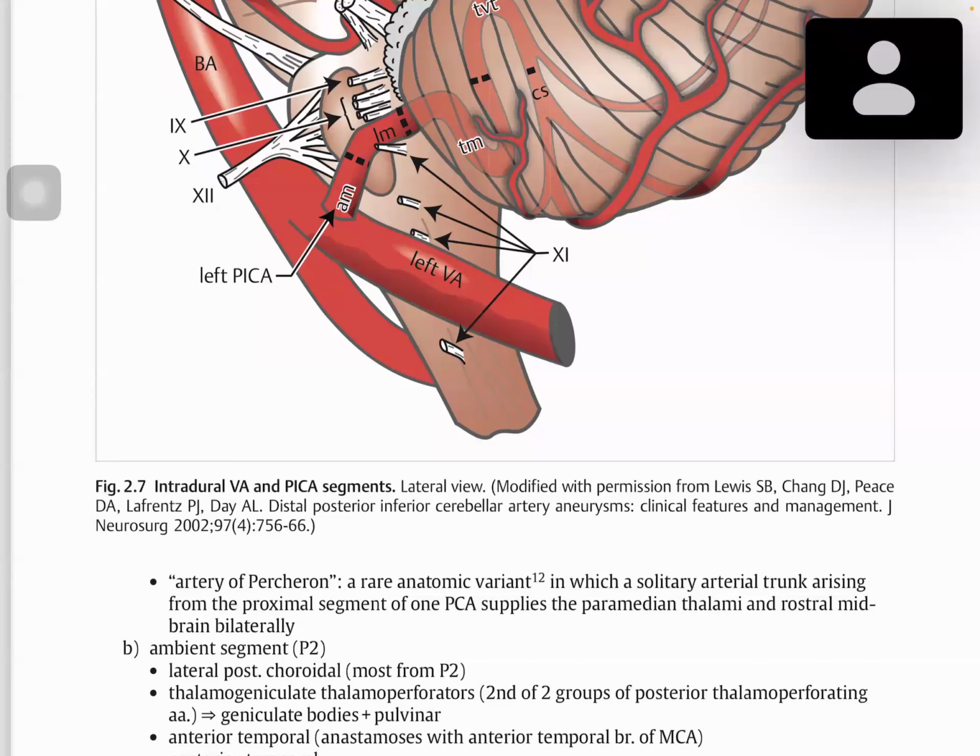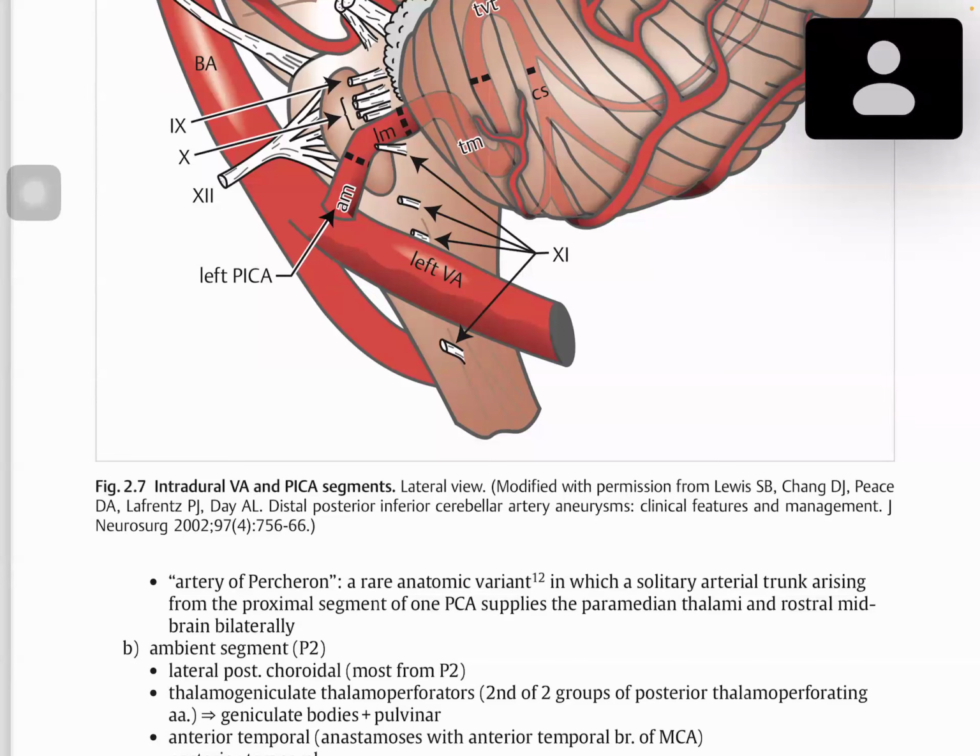The pre-communicating segment will give different branches, amongst which we have the thalamo-perforating branches. We also have the medial posterior choroidal artery, which will partly vascularize the posterior portion of the choroid plexus at the level of V3 and the lateral ventricles.